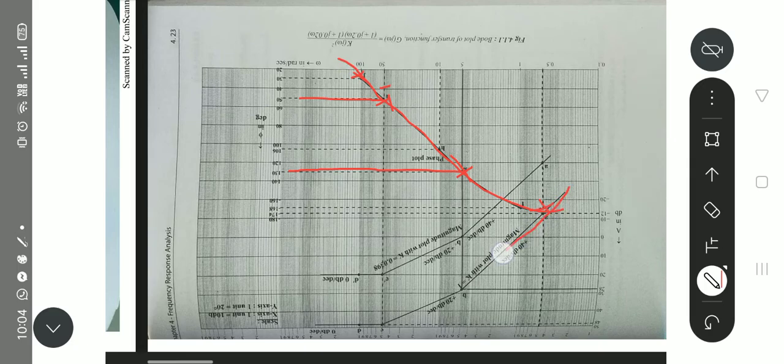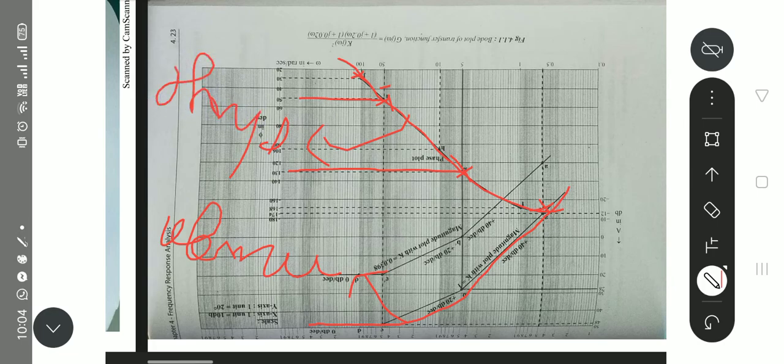This is the magnitude, this is the phase, this is the magnitude, this is the phase. Okay. This is the graph sheet for k equal to 1 only. You can take k equal to 0.0398; we will get the magnitude like this.